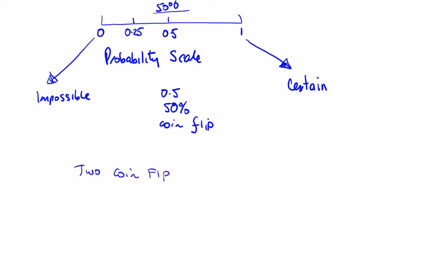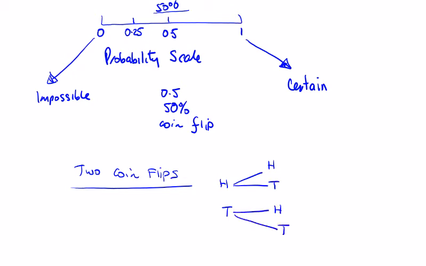and coin flips and cards are two of the most commonly used things in probability, I can get a head or a tail. So if I get a head the first time, I can get a head or a tail the second time. This is like a tree diagram from before, and I can get a head or a tail the second time. So if I list all the possible outcomes here, I could do a sample space.